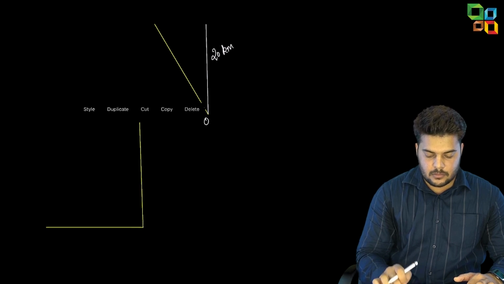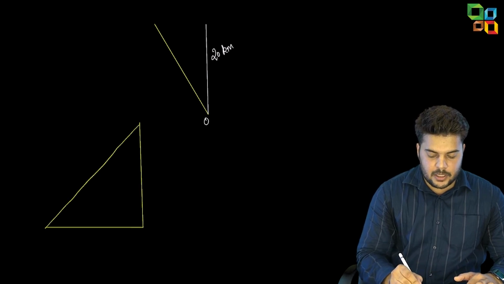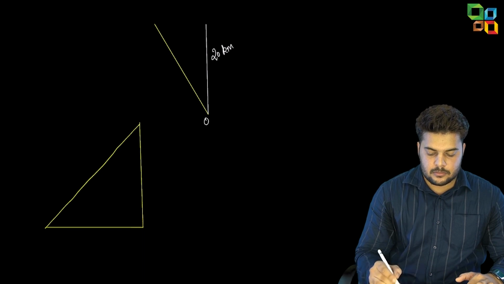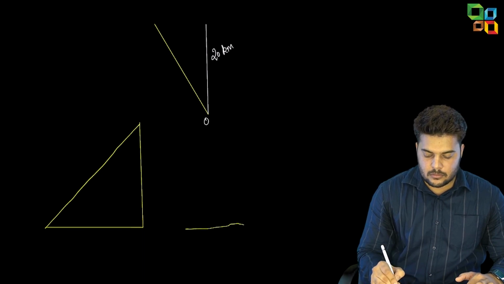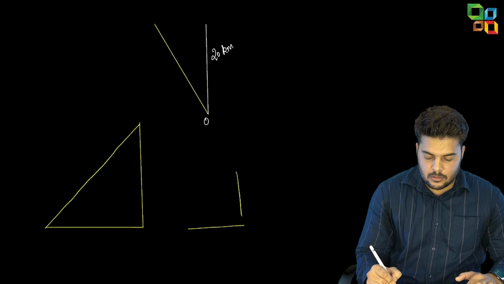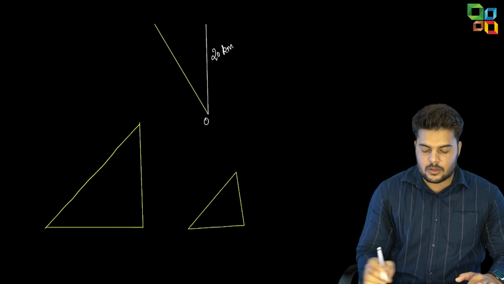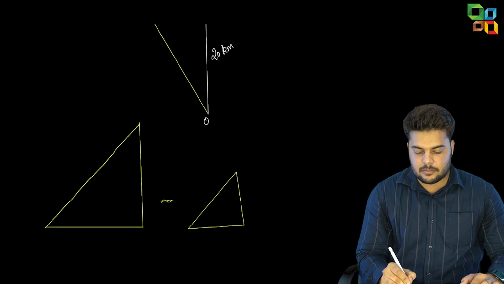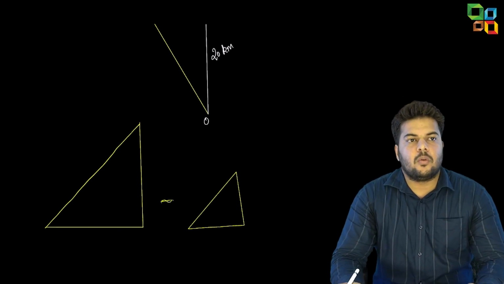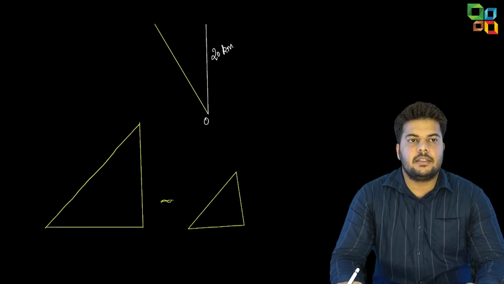So what do you know about similar triangles? The shape is similar. So if these two triangles are similar, what can you say about the ratios of their sides? The ratios of the sides are equal, isn't it?